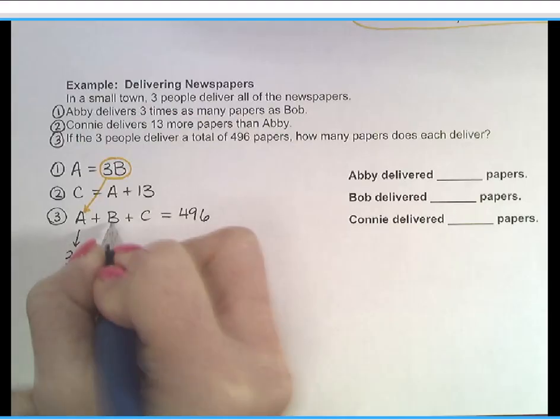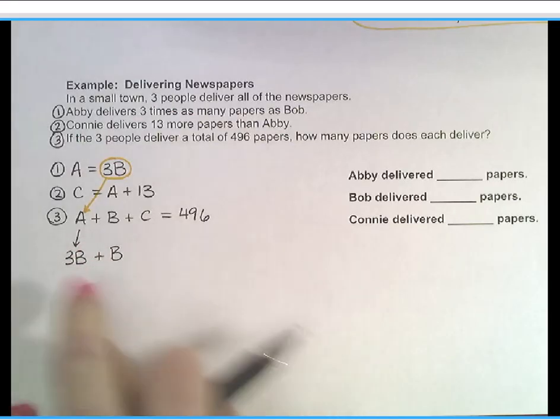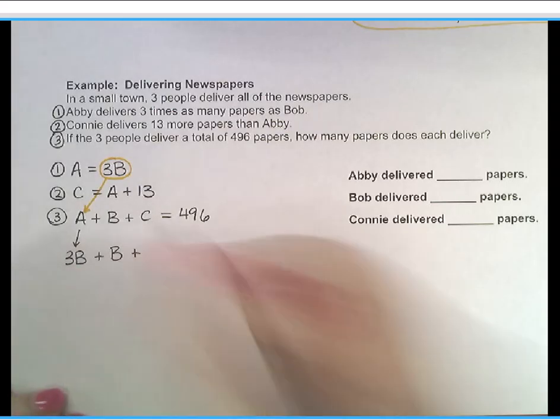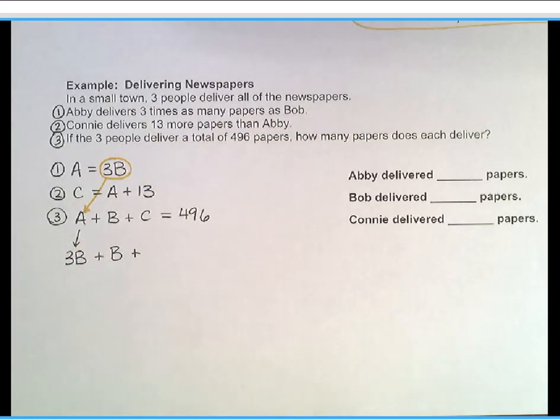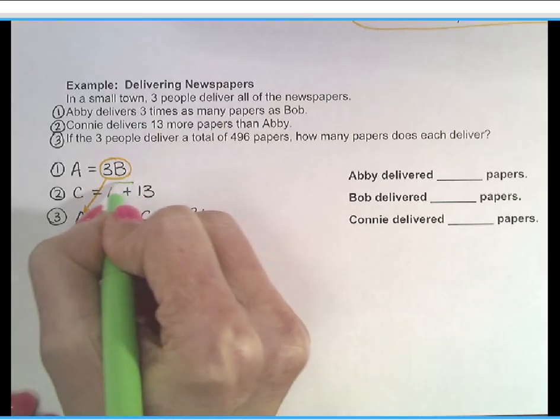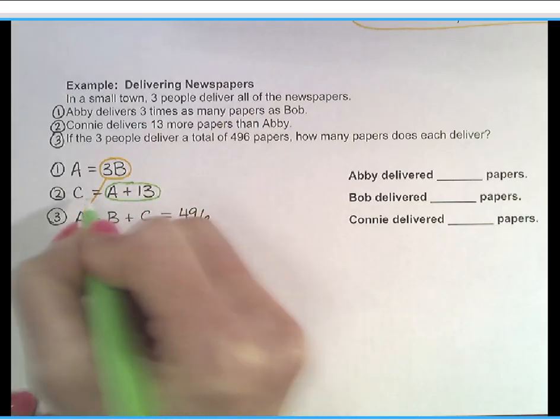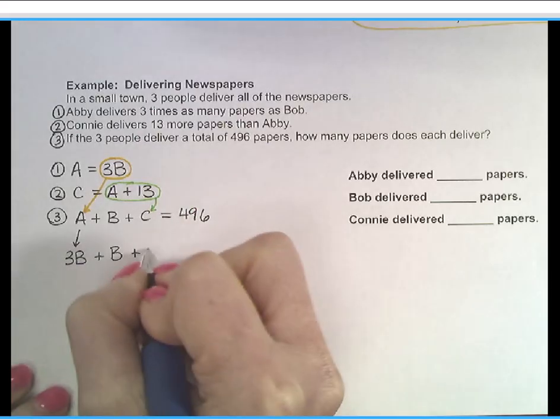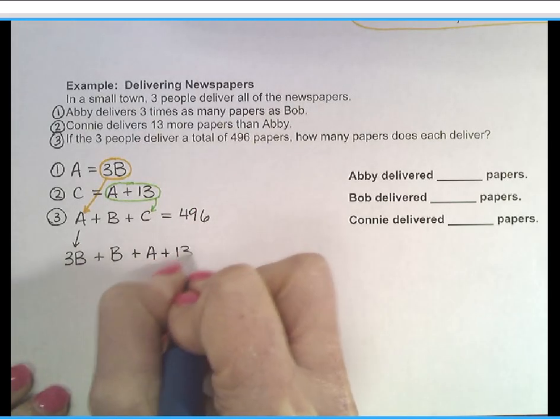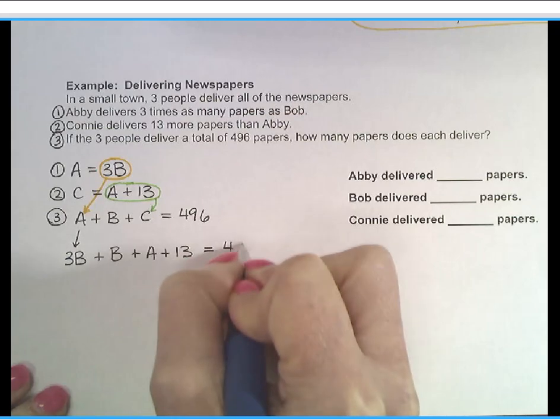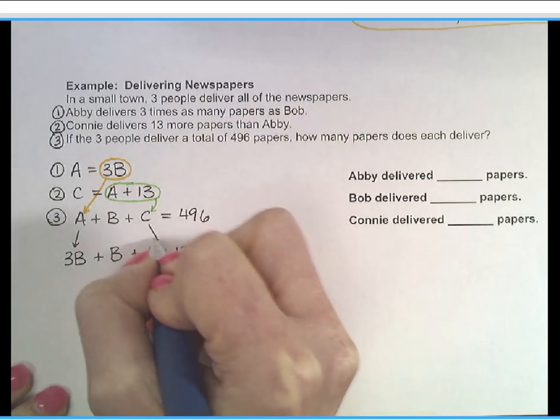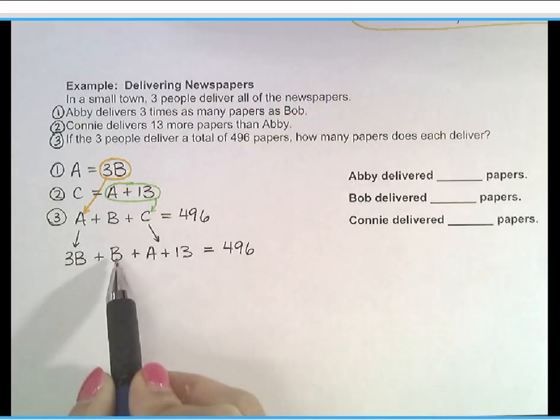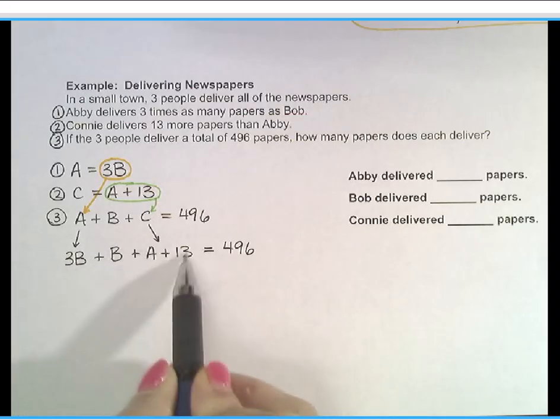Plus B, there's another B. So maybe I want to stick with the variable B. Plus, what could I replace the C with? Well, the C could be replaced with A plus 13. You see what I did there? I replaced Abby, I kept Bob the same, and I replaced Connie.